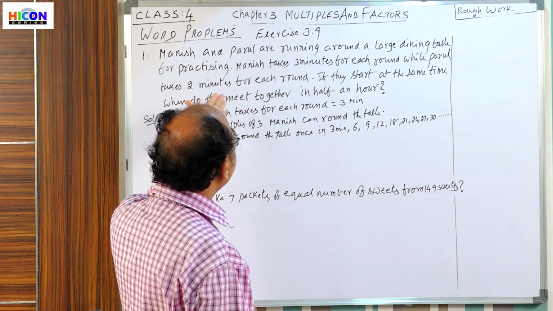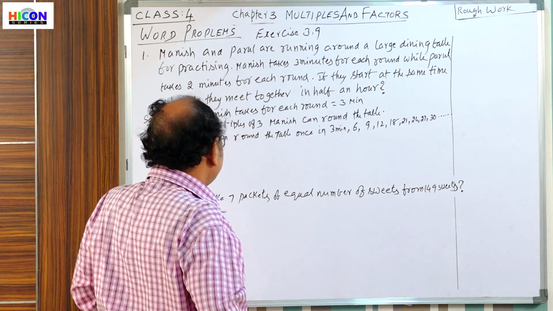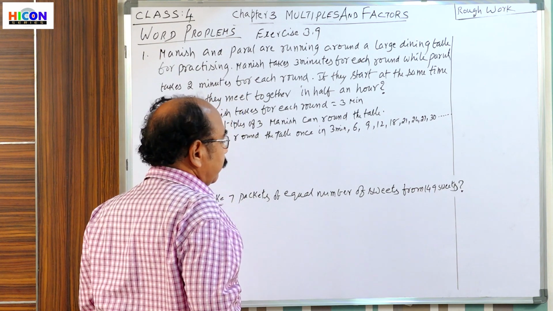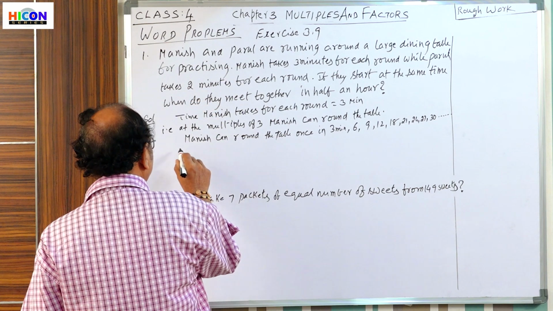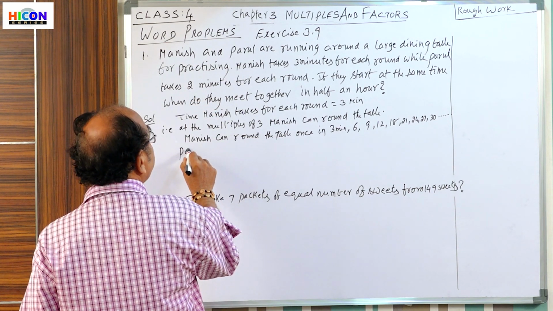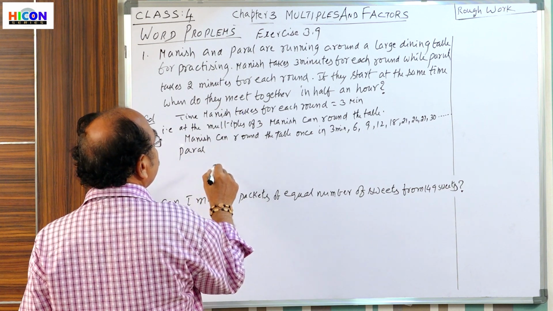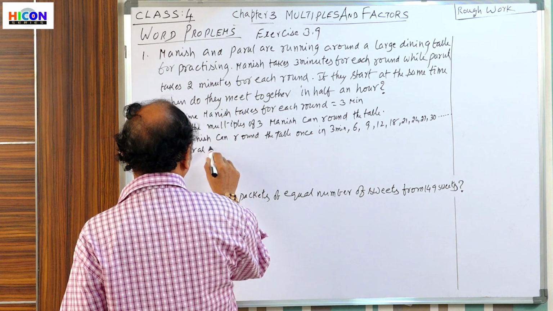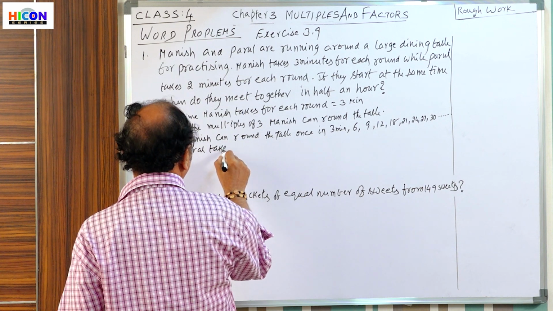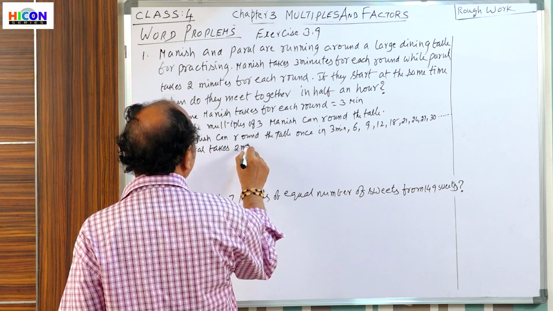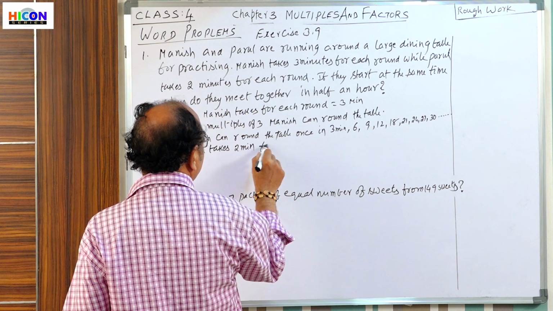Next one you see, while Parrot takes 2 minutes for each round. Parrot, that's the person you write. Parrot takes 2 minutes for each round.